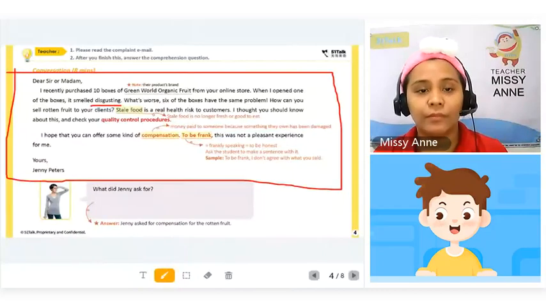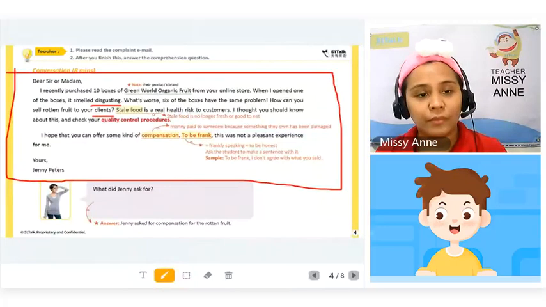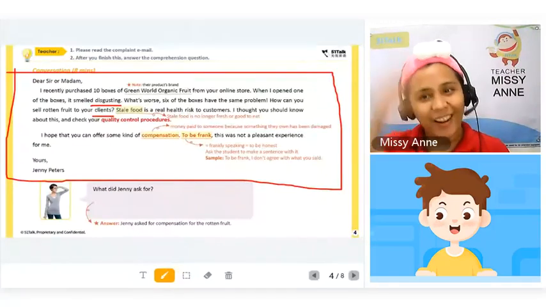Stale food is a real health risk to customers. I thought you should know about this and check your quality control procedures. I hope that you can offer some kind of compensation. To be frank, this was not a pleasant experience for me. Yours, Jenny Peters.